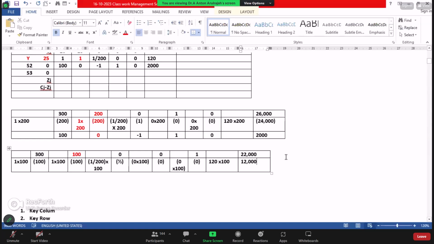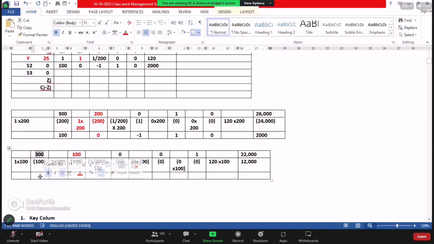Now if you subtract, 300 minus 100, that is 200. Here 100 minus 100 is 0. Here 0 minus half, that is minus half. And here 0, here also 1.